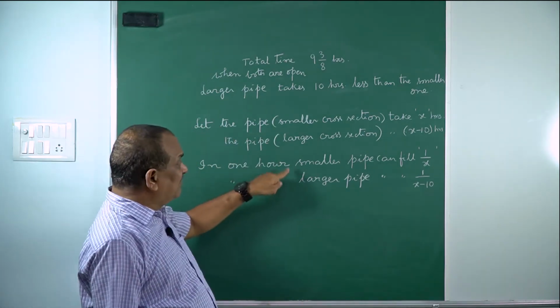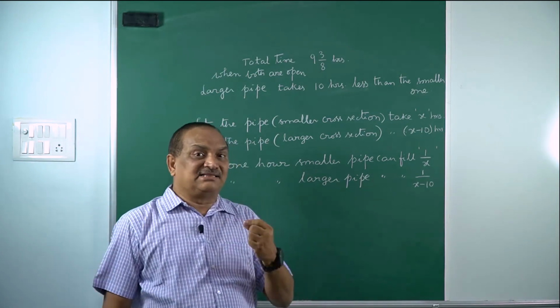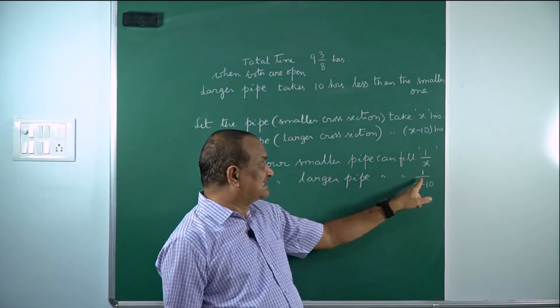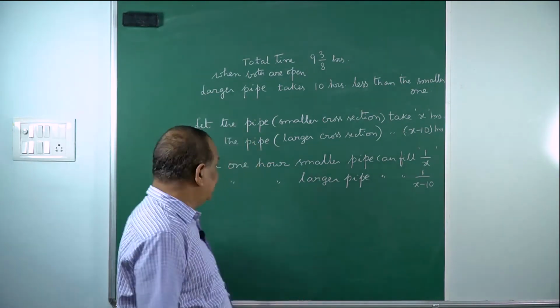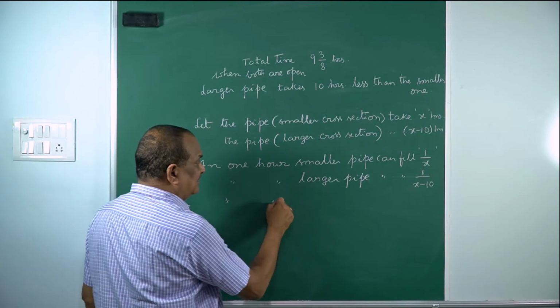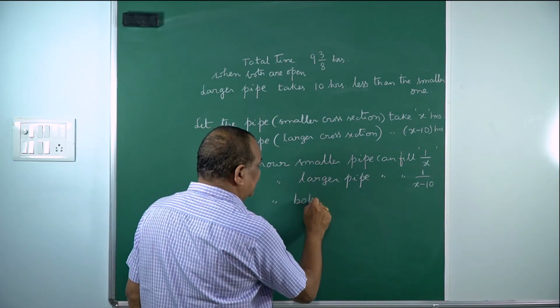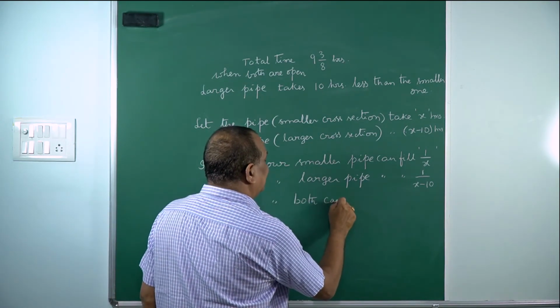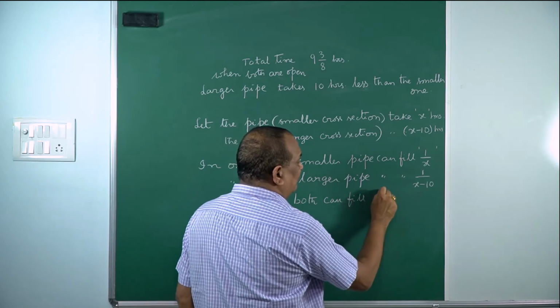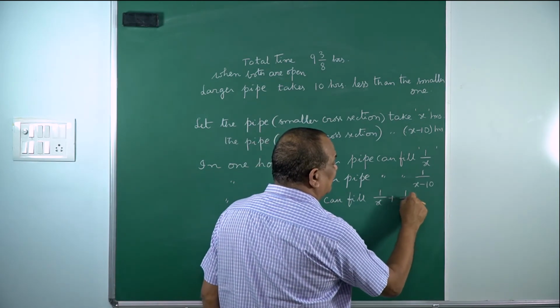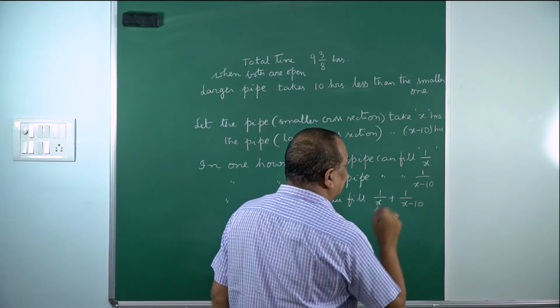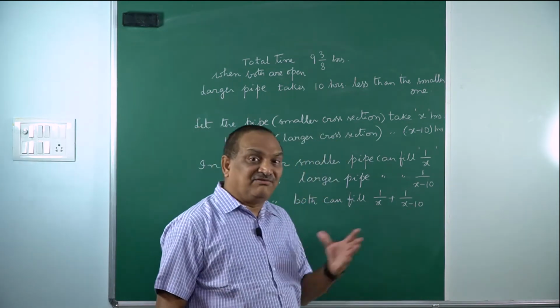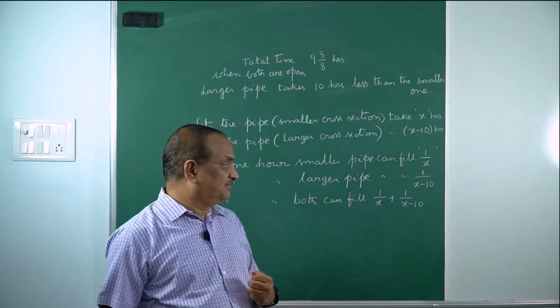If both of them are working, part that is filled is equal to this plus this. Let us do that. In 1 hour, both can fill 1 by X plus 1 by X minus 10.